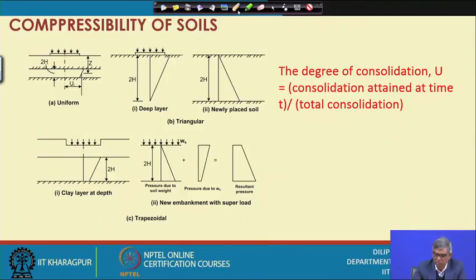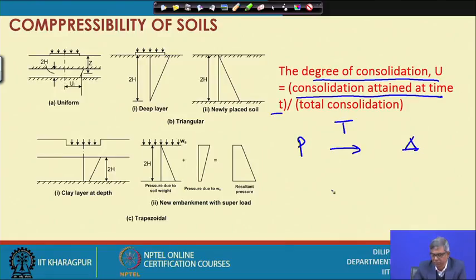Suppose I apply a load P, and under that the total settlement at the end of consolidation is delta, and it takes a time capital T. Now, if I want to find out what amount of consolidation will take place at a time t, some time less than T, degree of consolidation is defined as the consolidation attained at any time t, suppose delta t, divided by the total consolidation delta.